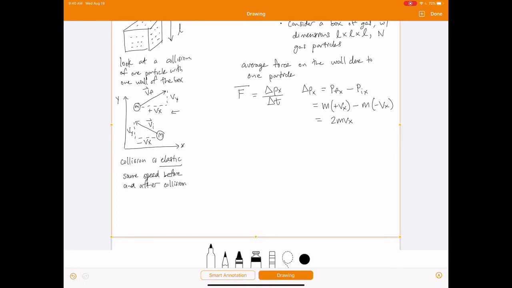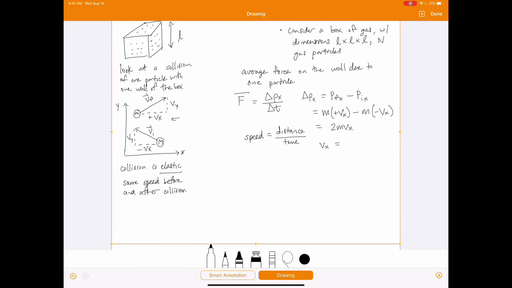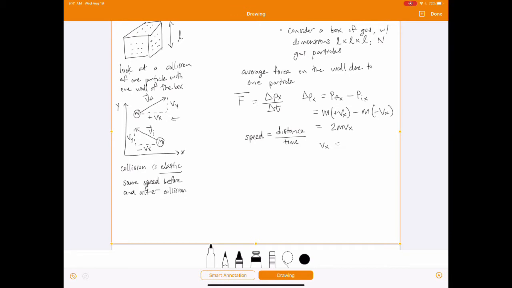Okay, the next thing I want you to think about is speed. The definition of speed, how fast this particle that we're looking at is moving, is the distance it moves divided by the time. So if we think about the speed and just focus on the x direction, well, how far does it actually move between collisions with the wall? So I want you to just look back at this initial picture of the box.